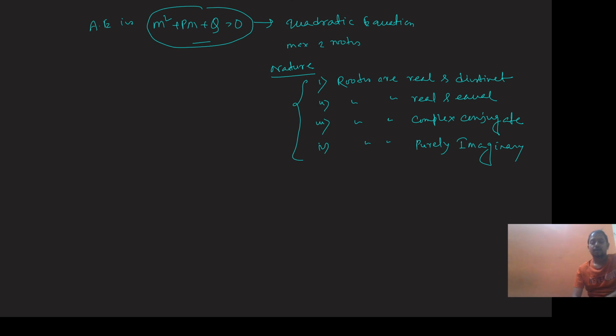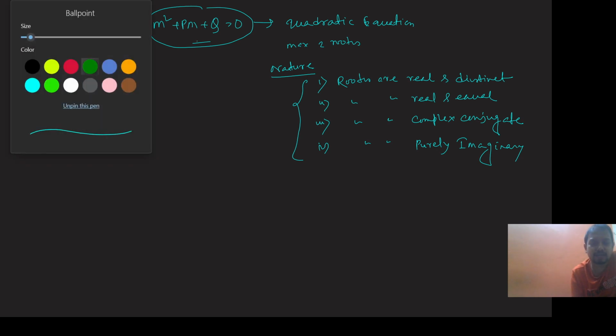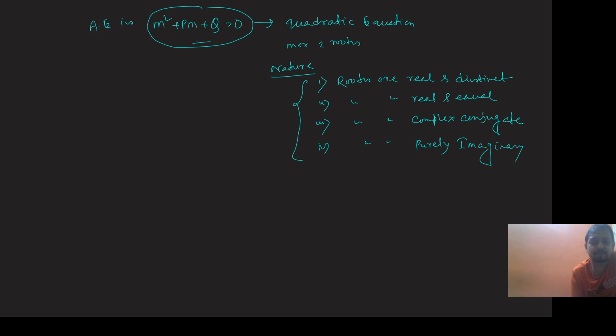Here, if the roots of m square plus pm plus q are real and distinct, then the solution of the differential equation d2y/dx2 plus p dy/dx plus qy is equal to 0 is of the form y is equal to a e to the power m1x plus b e to the power m2x.